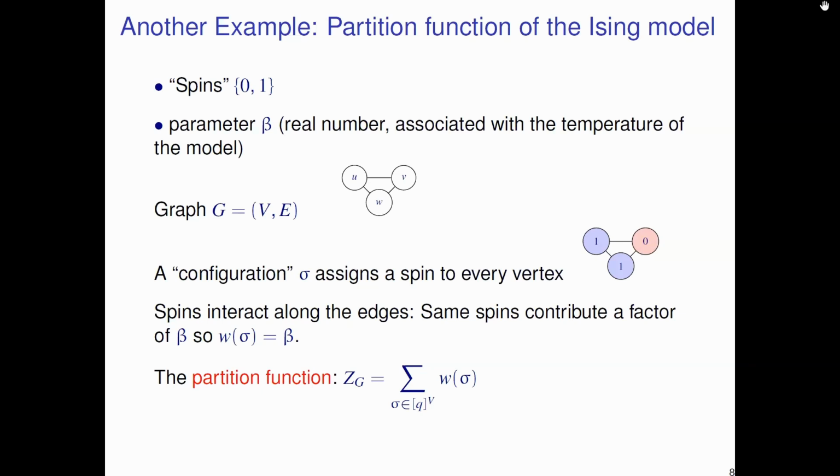Here I've got spin 1 next to spin 1, which gives me a factor of beta. I've denoted the weight of the configuration sigma by W of sigma. The partition function says to sum over every configuration, every assignment of the Q spins, where Q is 2 here but will be general in a minute. Assign the spins to the vertices and then take their weight. That's the partition function.